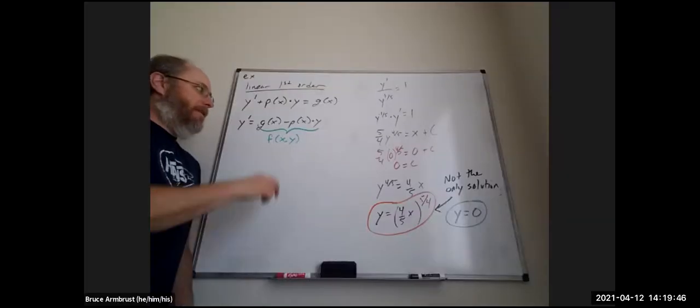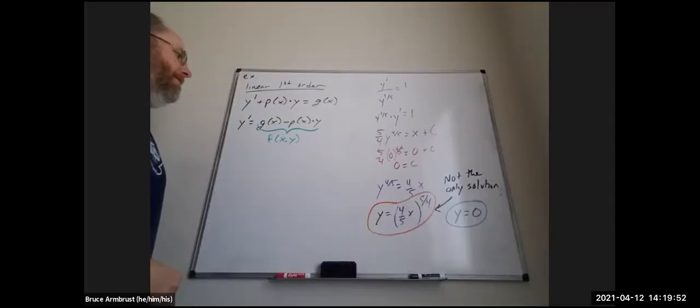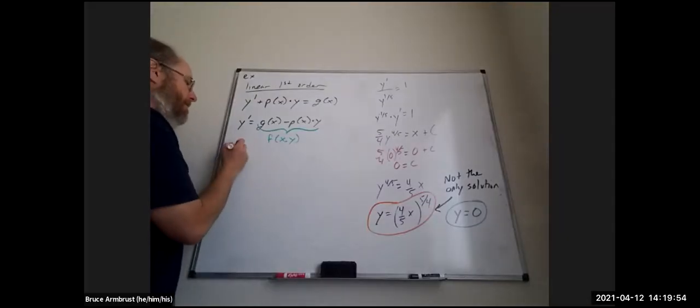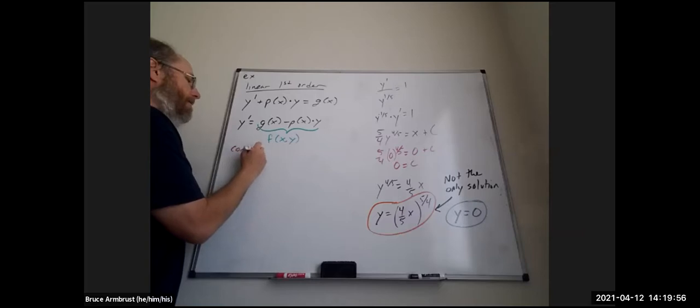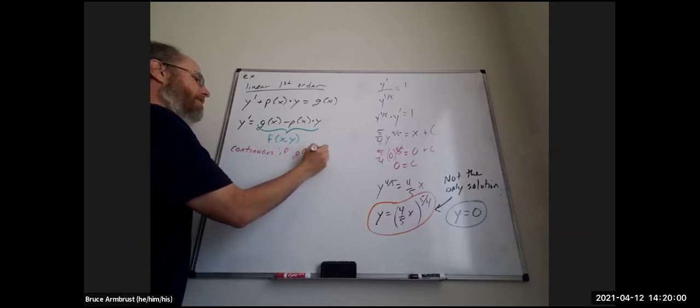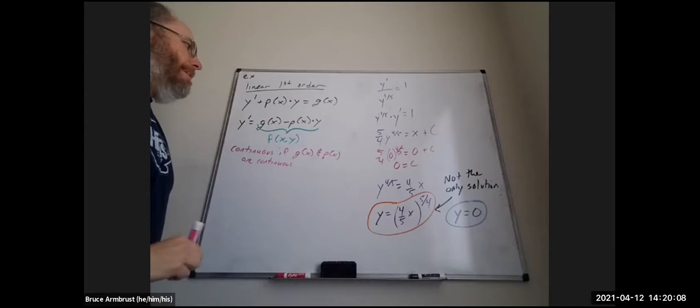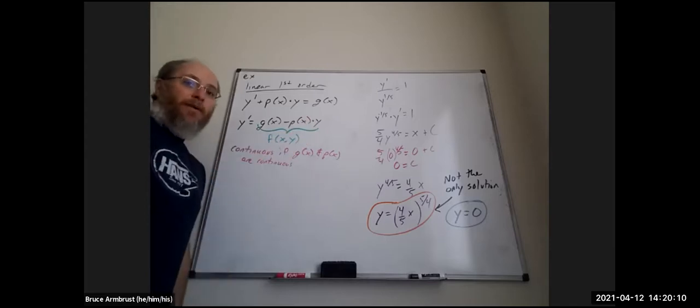Yeah, totally. It depends on g and p. And so here's what we know. This is going to be continuous if g of x and p of x are continuous. It has no dependence on y whatsoever.